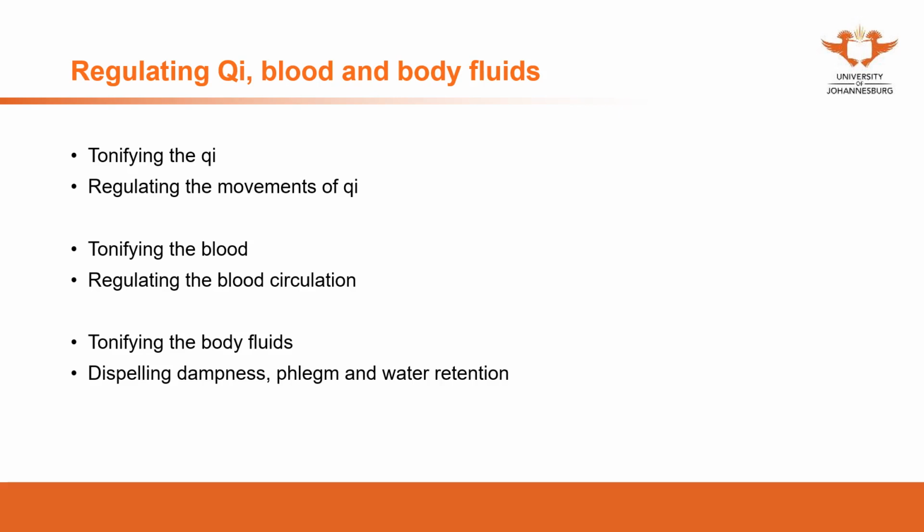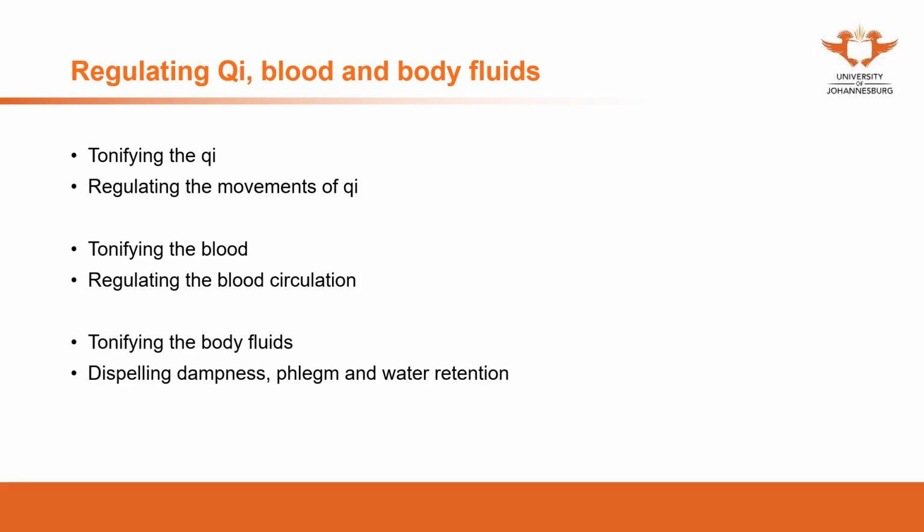Regulating qi, blood, body fluid. As you can see here, when we talk about the pathogenesis of disorder of qi, blood, body fluid, we always divide them into two: the deficiency of them and also the abnormal movements of them.